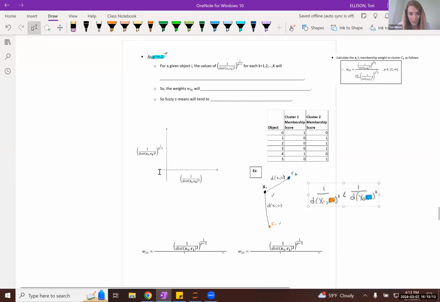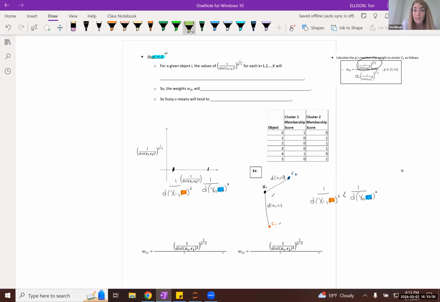So therefore, again, if we plot those two squared reciprocal distances on this x-axis defined by those values here, then we would want to think about what is going to happen to the numerator of this WIK value for these two squared reciprocal distances here.